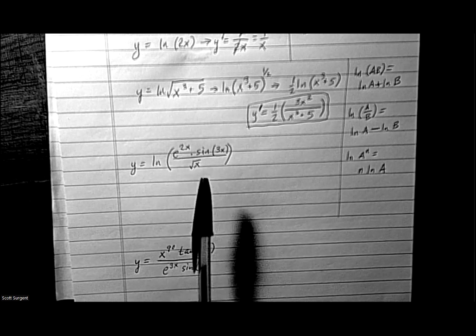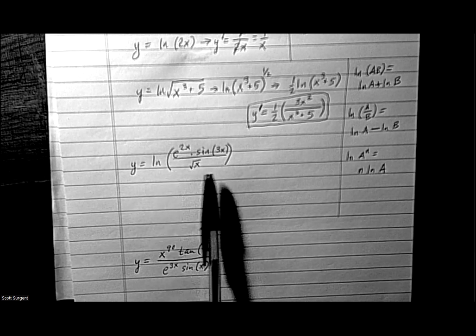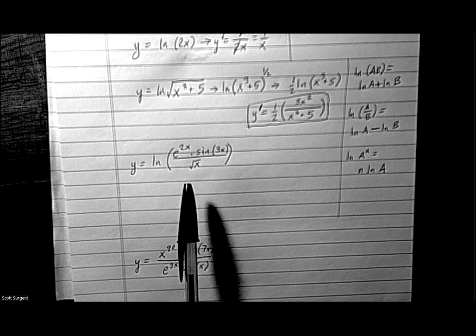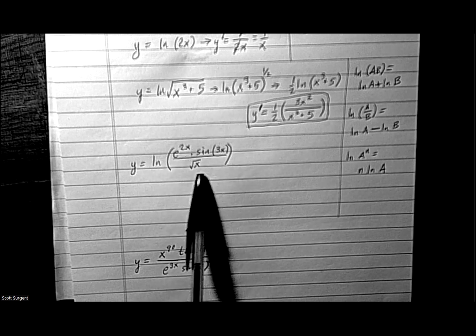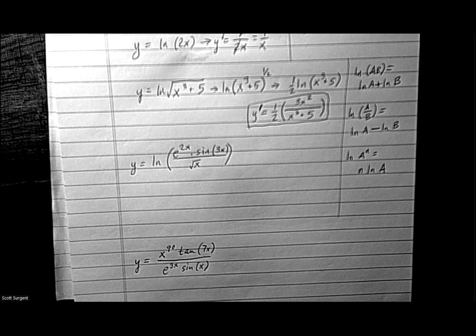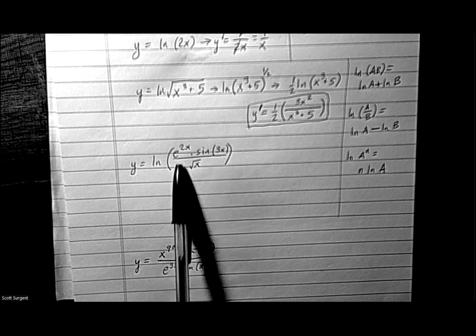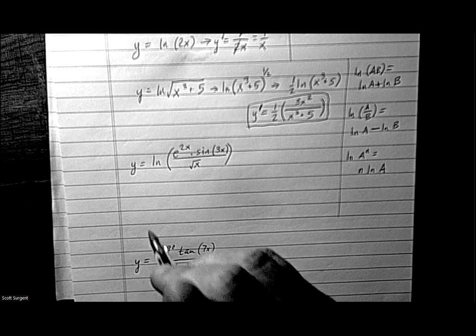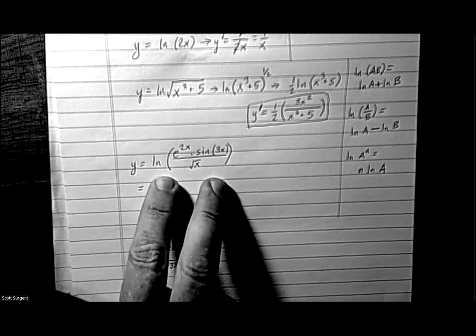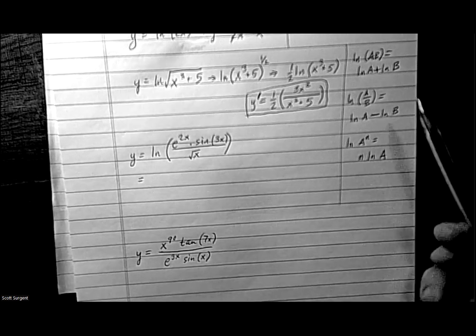All right, now you get a problem like this. This thing looks like a nightmare. And you might be thinking, oh gosh, I have to put this in the denominator and then take its derivative in the numerator. Well, you're going to be doing this problem all night if you try to do it the direct way. So this is definitely a case where you want to break it apart using the properties. So we're going to use these three properties to break it apart.